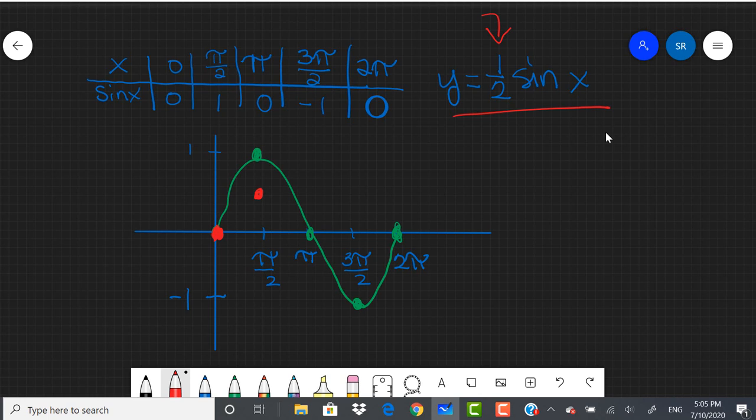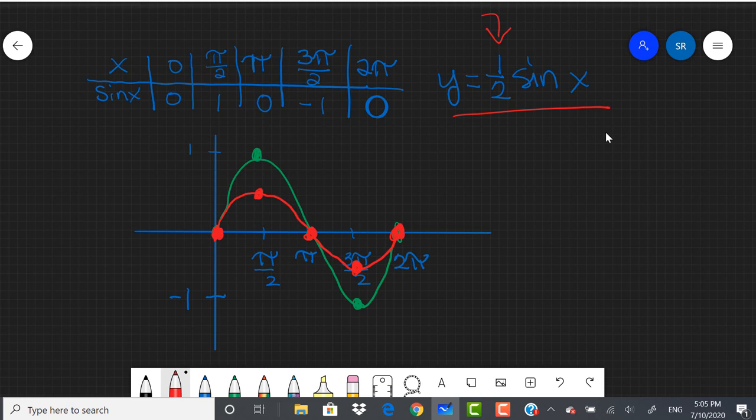And then at pi, I'm going to be at 0 again. At 3 pi over 2, I'm going to be at -1/2, right there in the middle. And then at 2 pi, I am back up at 0. So this graph is going to look like that, and it'll continue on.